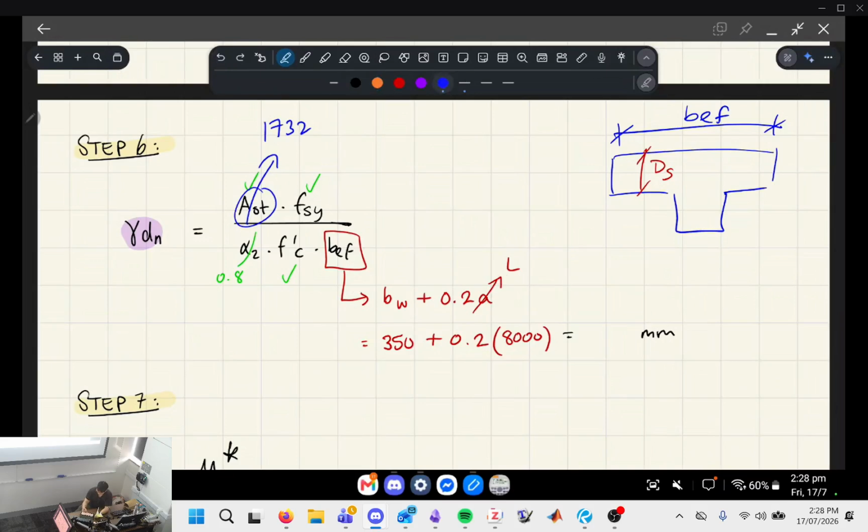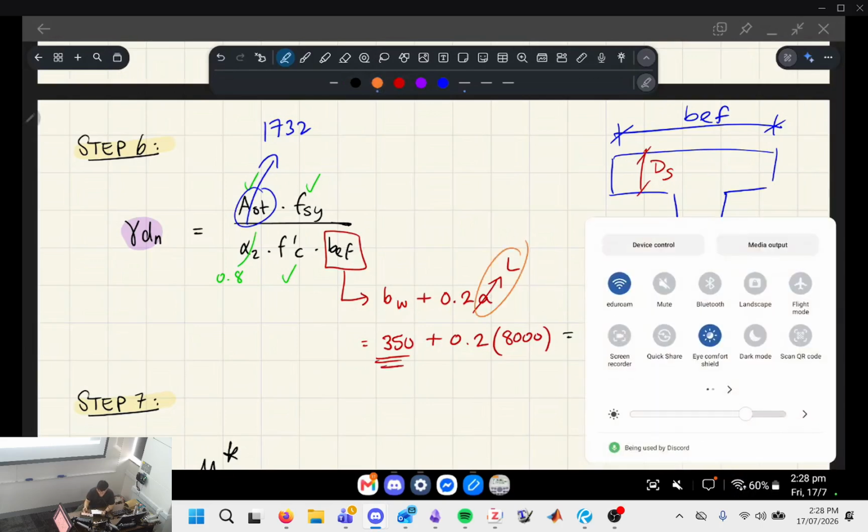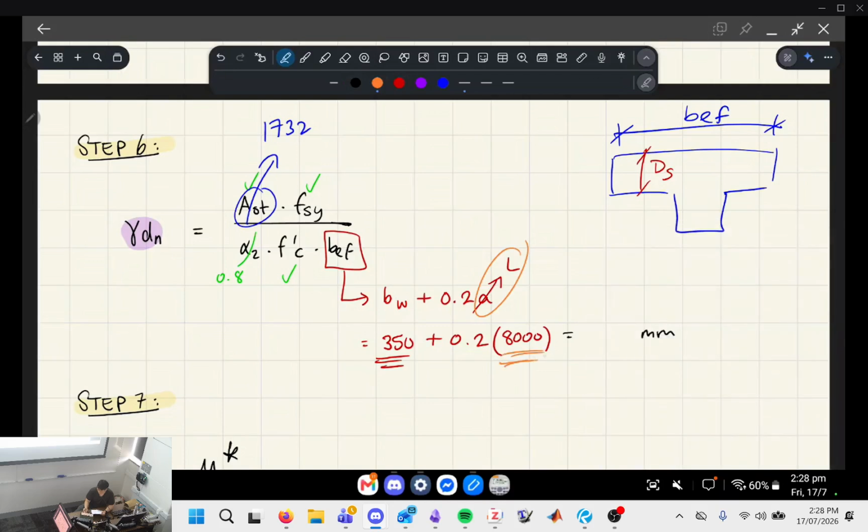So it's going to be BW. Wait, let me just go to the next page of my notes. It's going to be BW, which we've established is 350, plus 0.2A. Conservatively, they've done it as L. I guess not conservatively, it would be beneficial to do it, it would be unconservative.